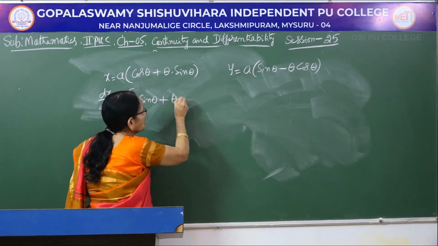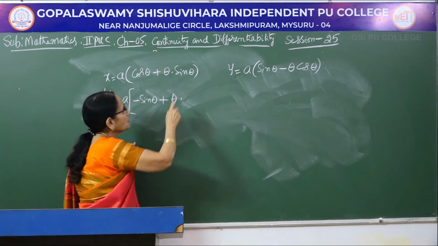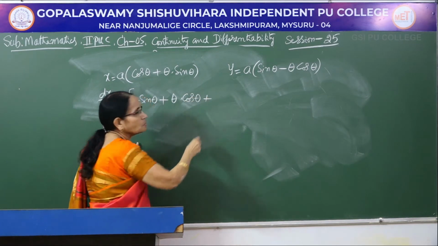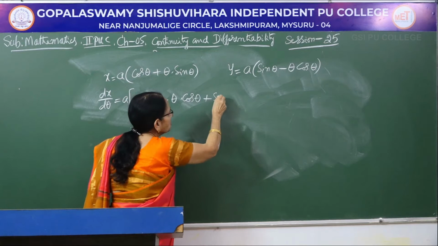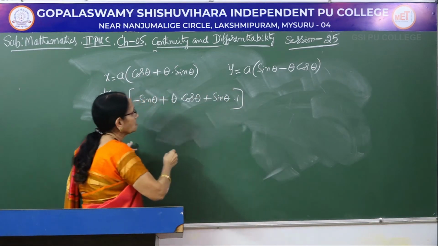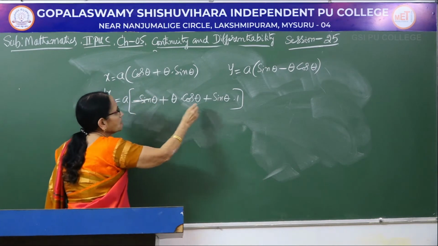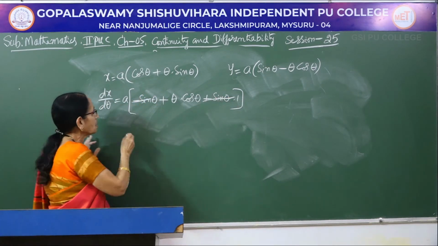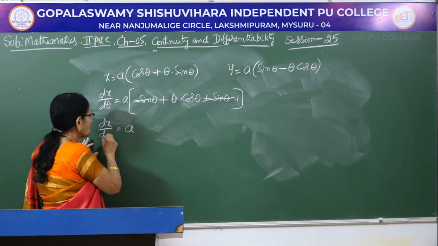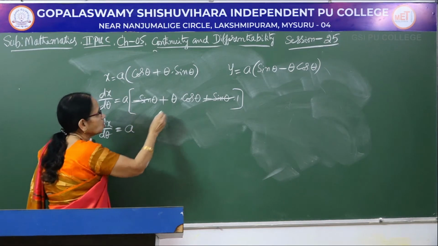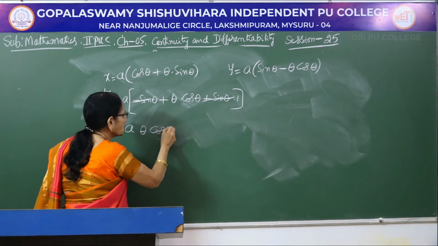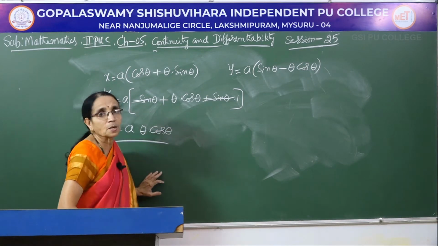First function theta into sin theta has the derivative cos theta, plus second function sin theta into derivative of theta is 1. Now you observe minus sin theta plus sin theta, they get cancelled. Ultimately, dx by d theta is equal to a into theta into cos theta. So, this is the derivative of x with respect to theta.